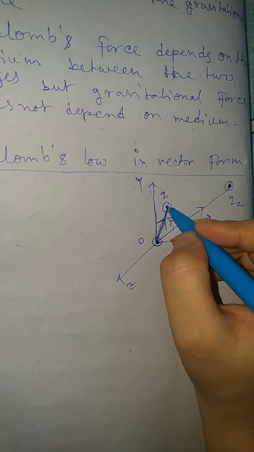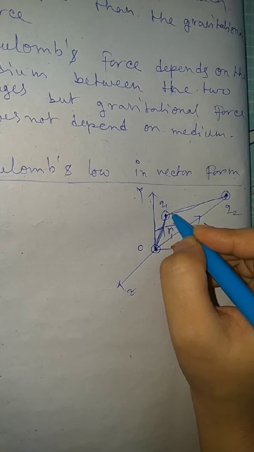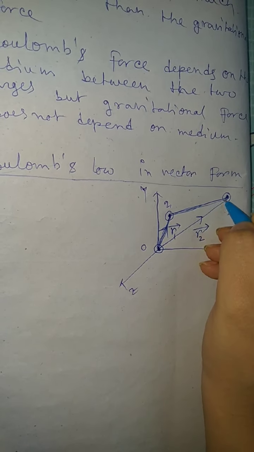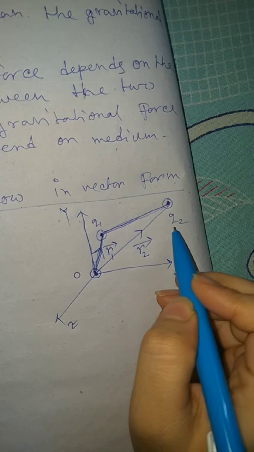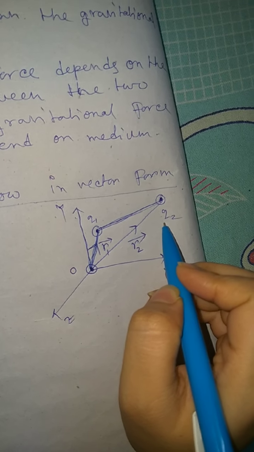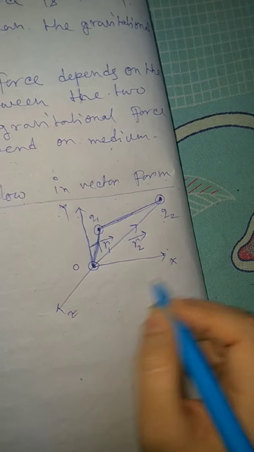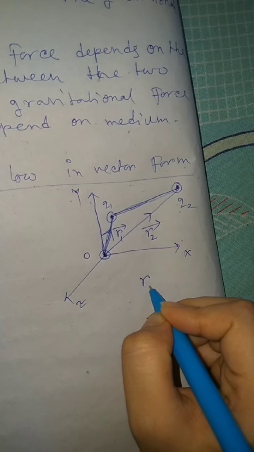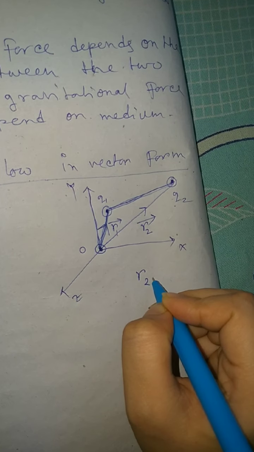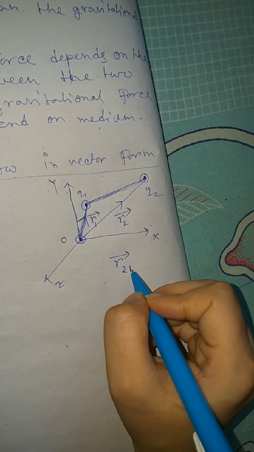And now the position vector, listen very carefully. Position vector of Q2 charge with respect to Q1 charge is represented by R21.